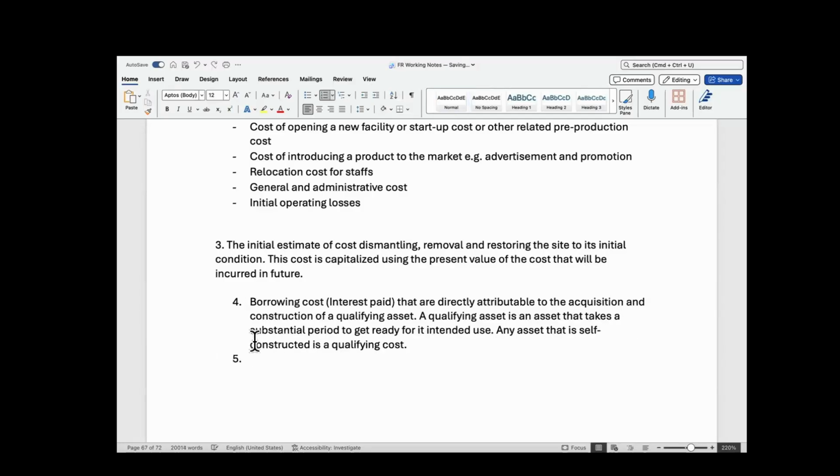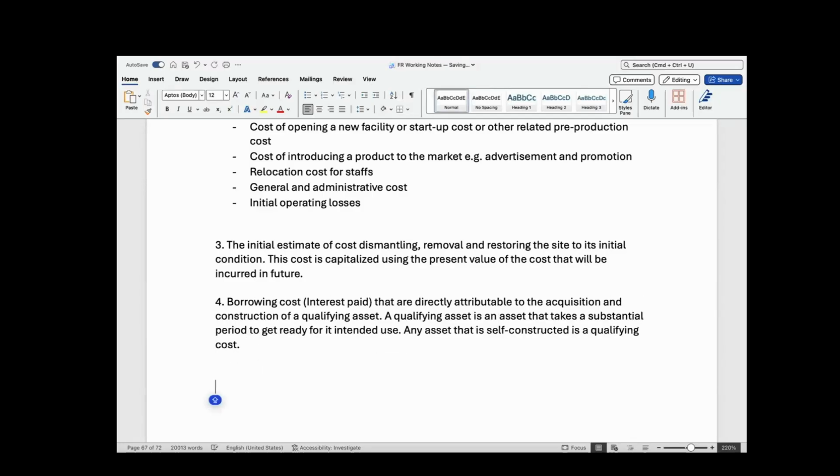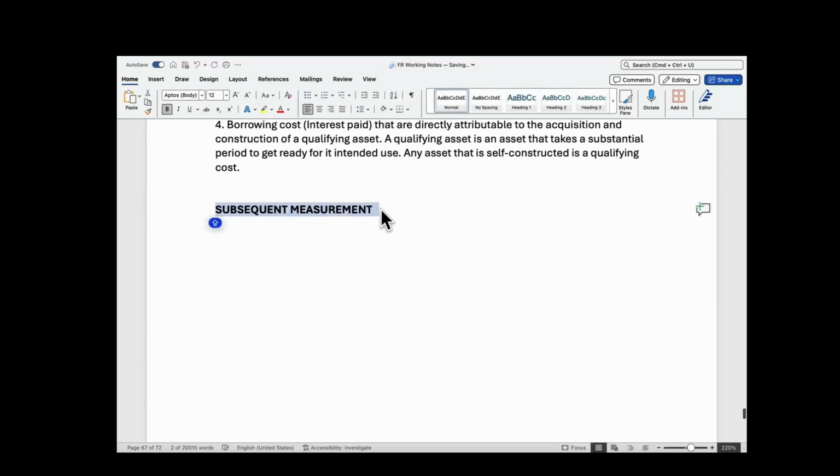Okay. Now, that being mentioned, we are qualified to move to subsequent measurements. I mentioned earlier that we accountants usually measure assets at the end of every year. We continually remeasure. In remeasuring the assets, there are two ways, and we call them models.